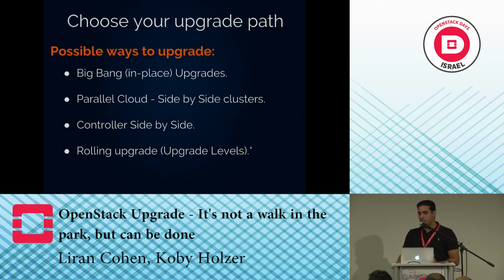But a lot of cons: it's a very risky operation, and the rollback will be super, super complex. So if you want an easy rollback and you want to make sure you have a working cloud after the upgrade, you should take this option off the table.